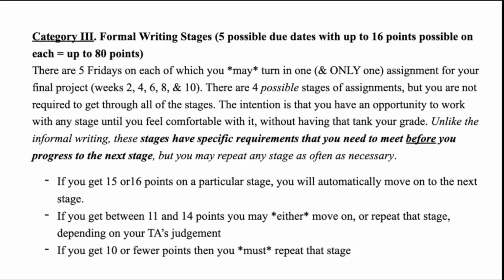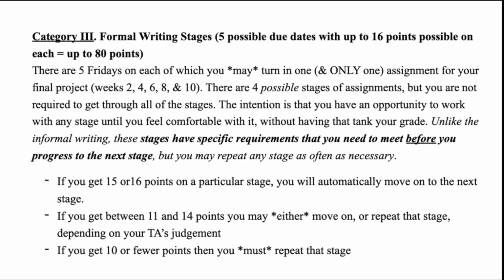Now, unlike the informal writing, these stages do have specific requirements that you will need to meet before you progress to the next stage, but you may repeat any stage as often as necessary, meaning that you can still use all of the due dates. If you get a 15 or 16 points on a particular stage, you will automatically move on to the next stage.